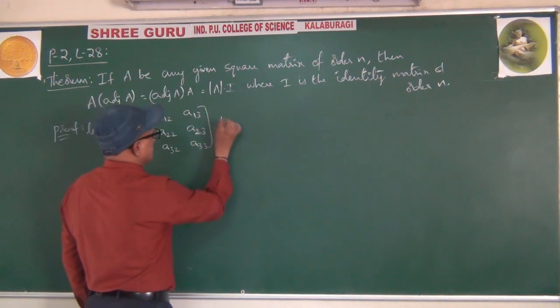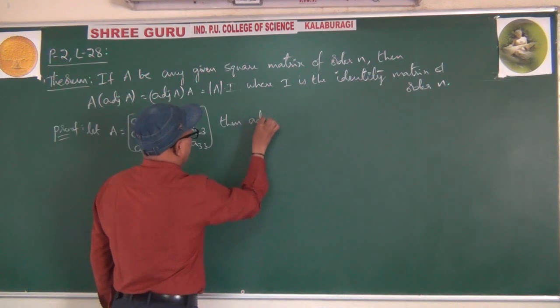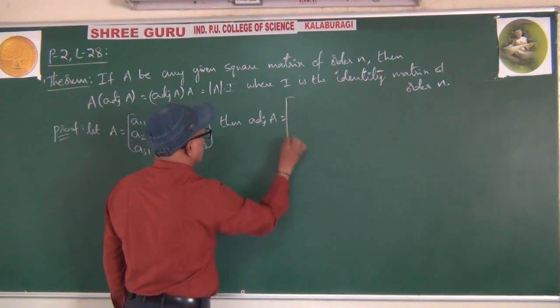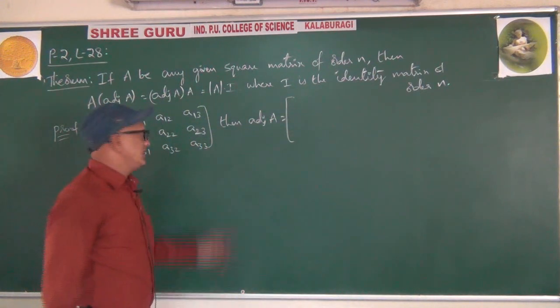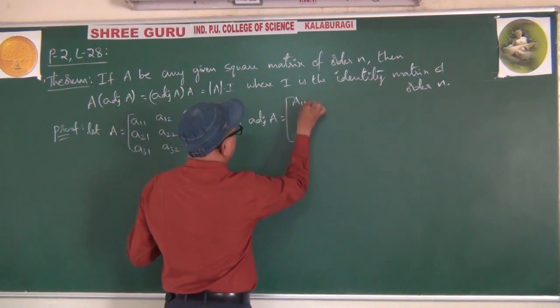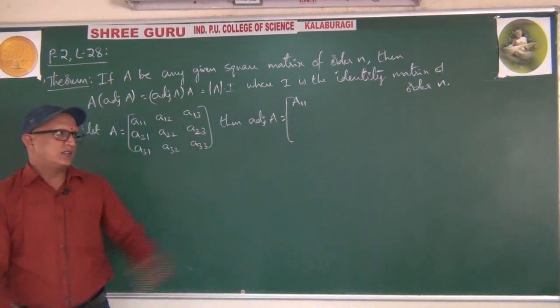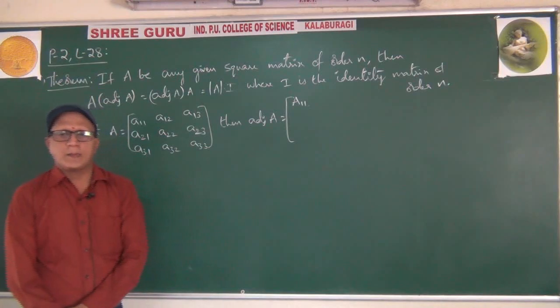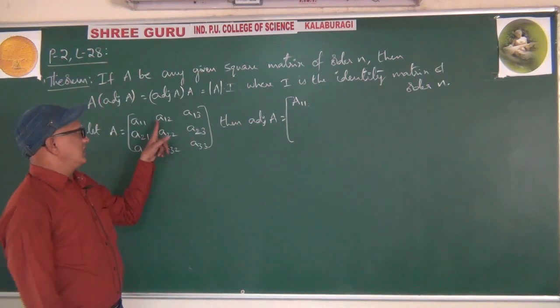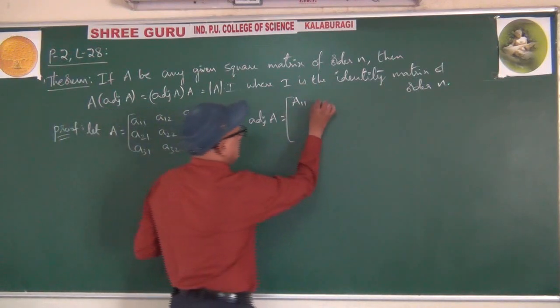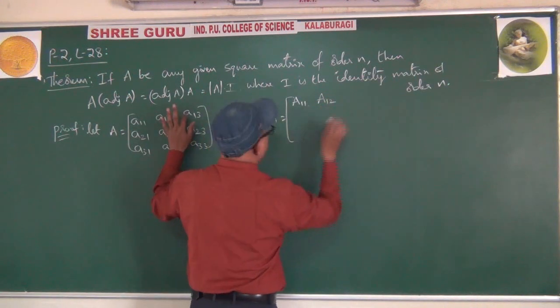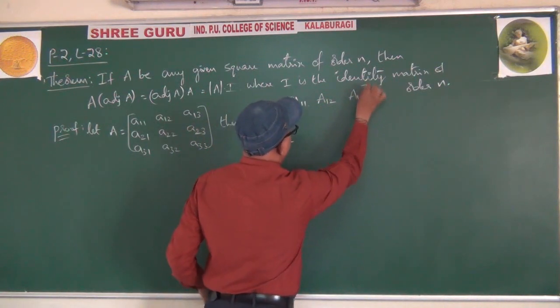Can anybody guess what is the adjoint? This is capital A11. Now can anybody guess what is the next element? Capital A12. Next capital A13.